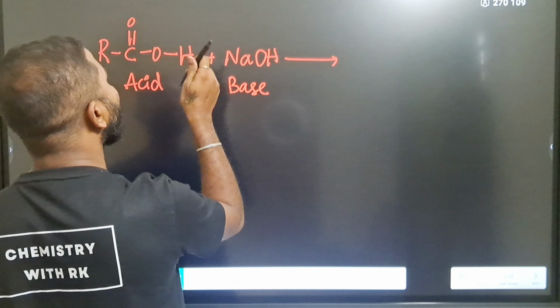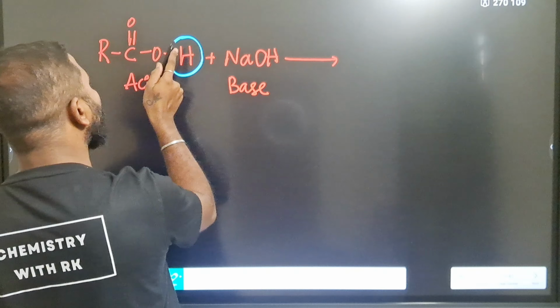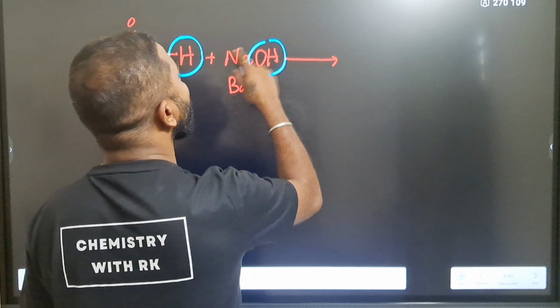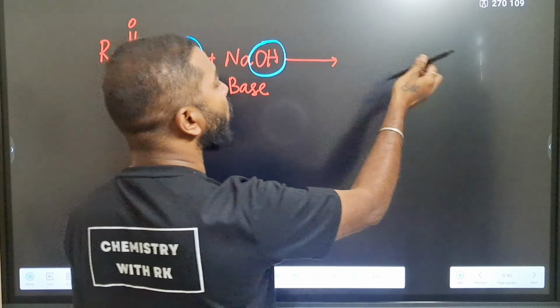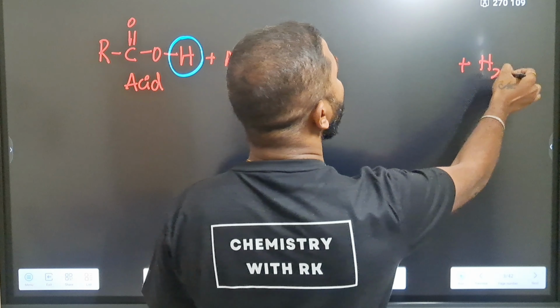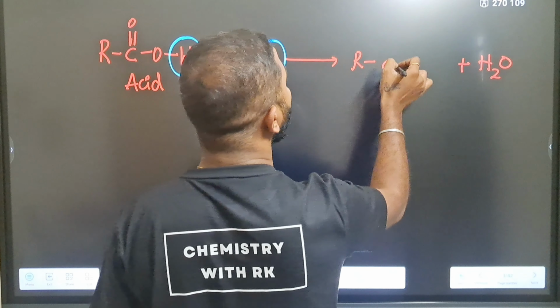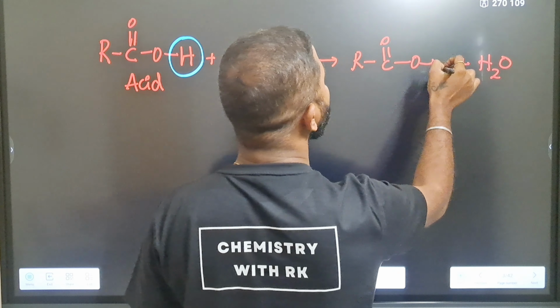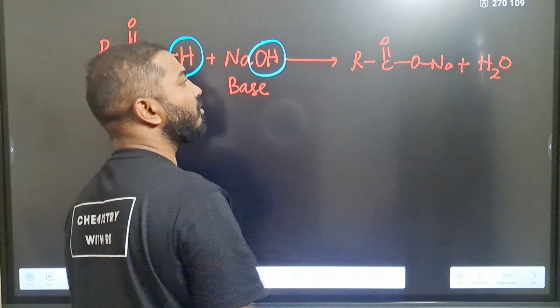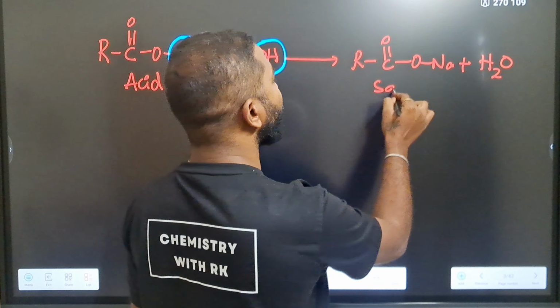Hydrogen from the acid and hydroxide from the base go out as water, as we know. The rest, RCOONa, is the corresponding sodium salt of the carboxylic acid. So this is our salt.